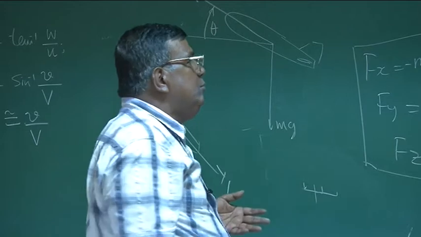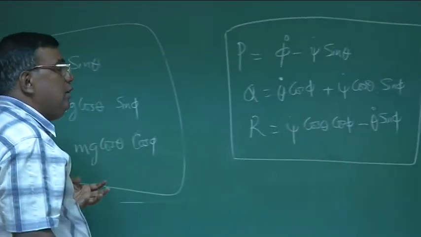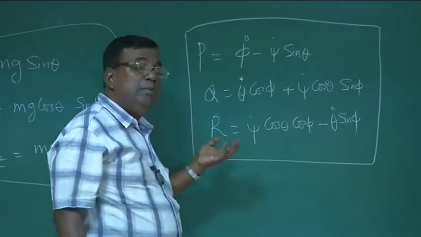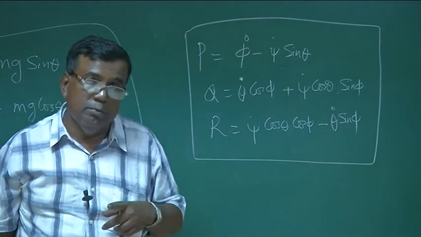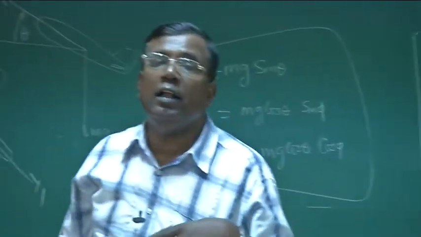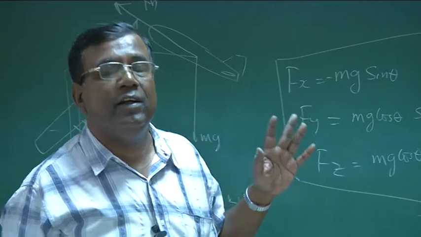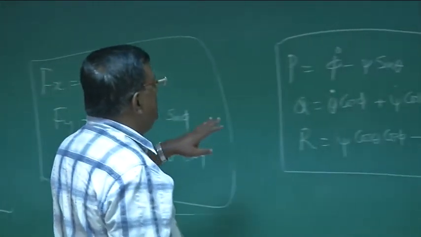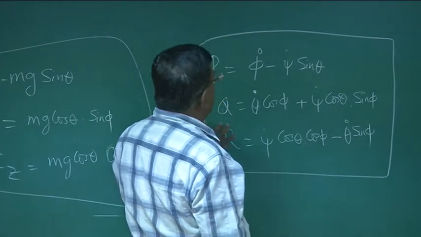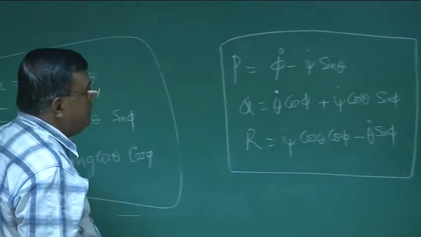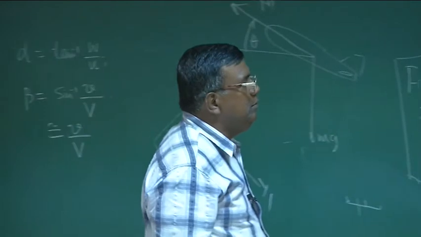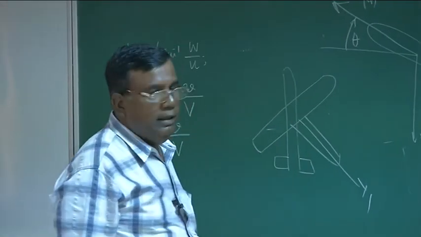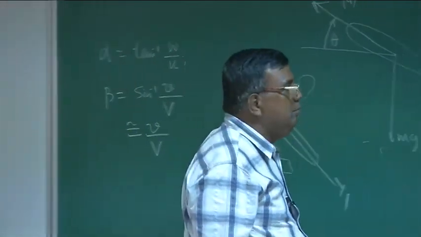I repeat again, PQR are the components of angular velocity of the rotating frame with respect to the inertial frame, right? They are resolved along the local x, y, z direction, or XB, YB, ZB direction. And this you can derive. I need a little bit more mathematics, rotation of axis system, then you can easily find this relationship. You can refer to any book.